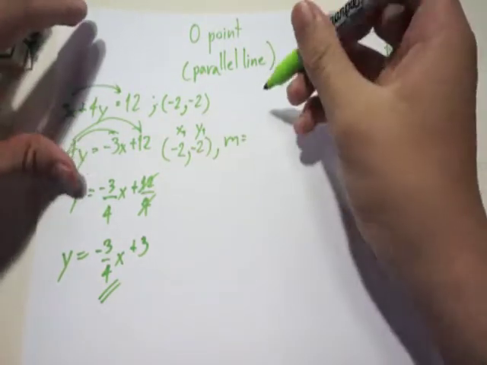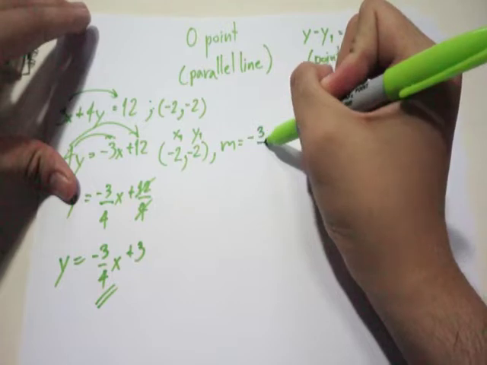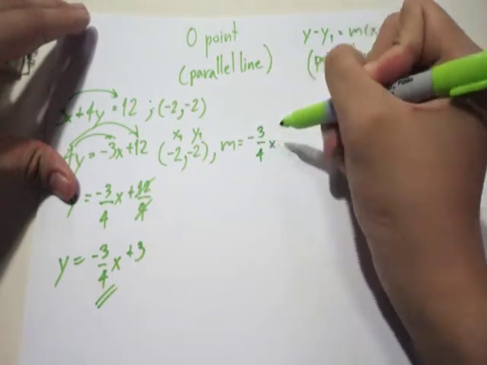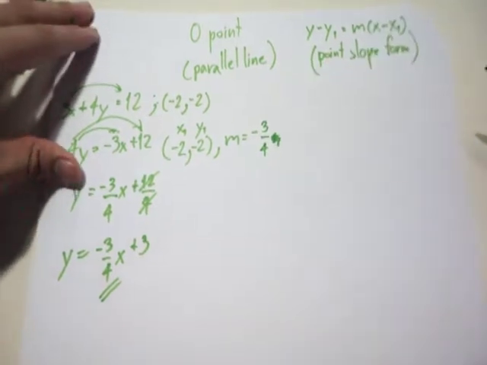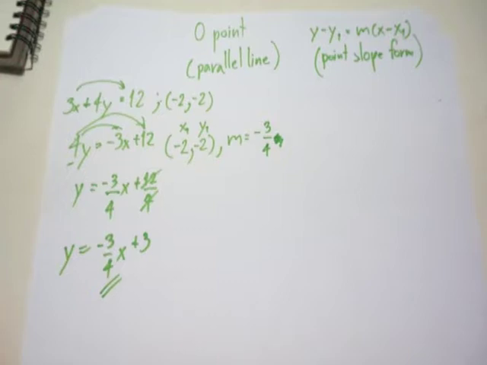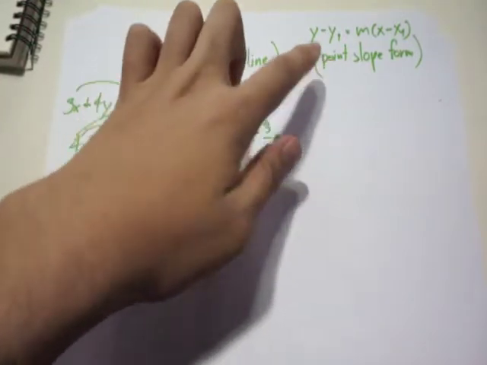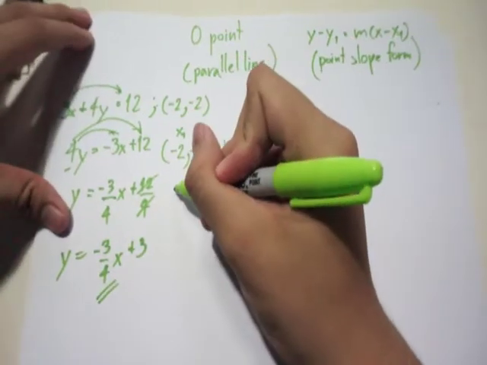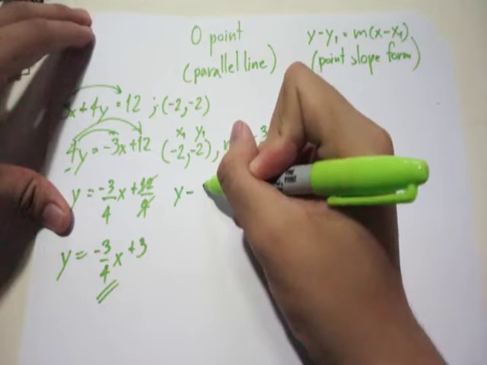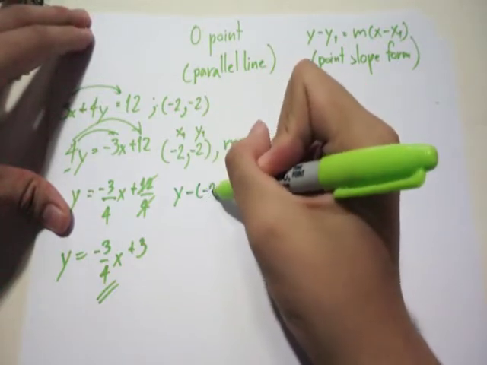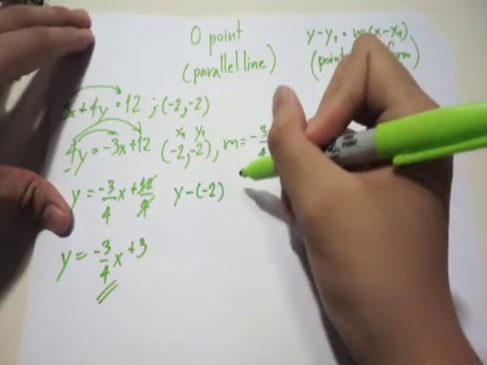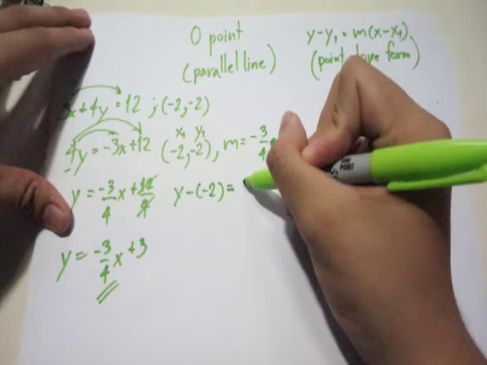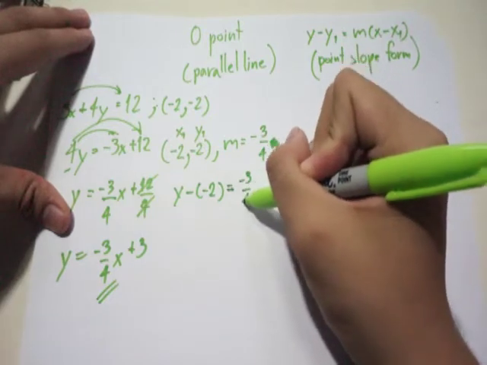And we found m already, which is equal to this. Okay, so we're gonna use this formula to solve the equation. And this will be this because it's negative.